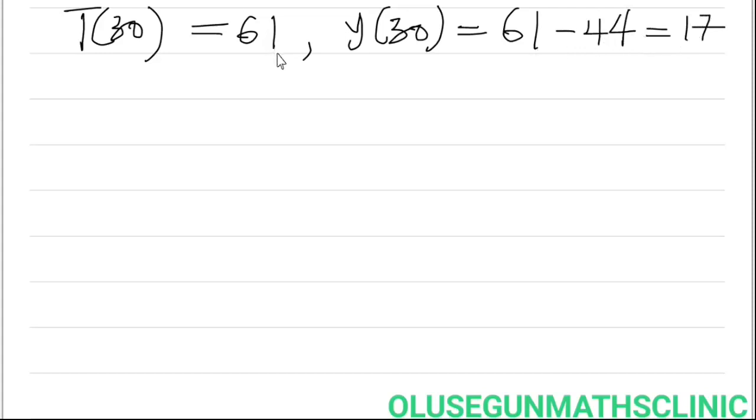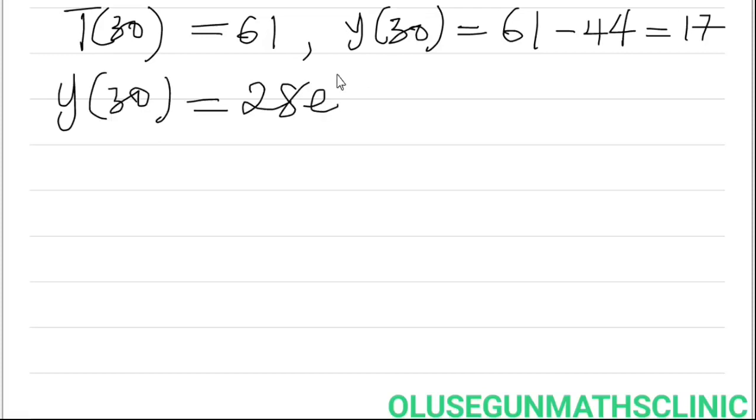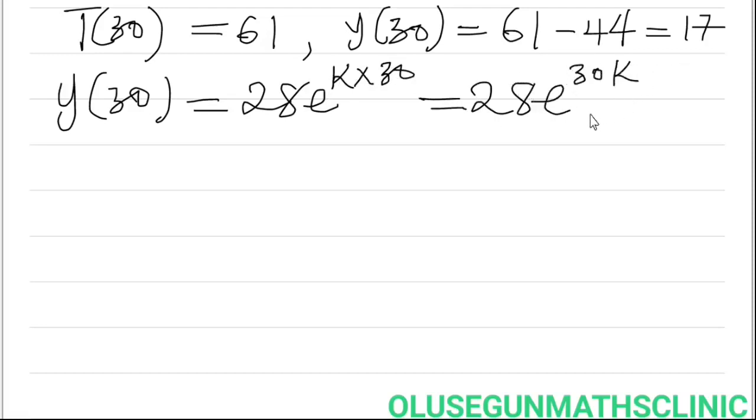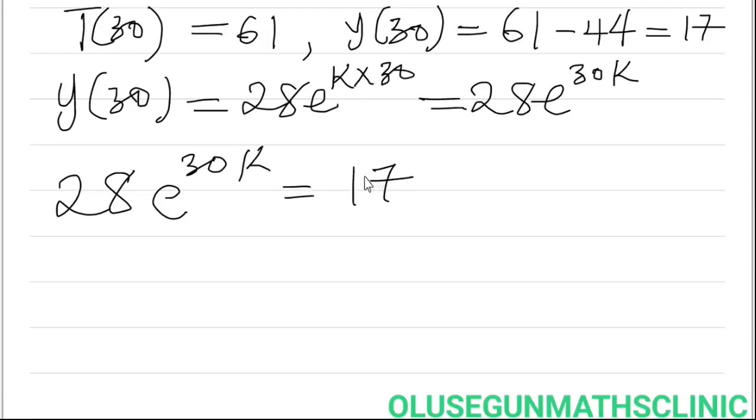So y of 30 is 28 e^(30k), writing k times 30 instead of kt. Let's equate them: y of 30 is 28 e^(30k), which is equal to 17. So let's get the value of k.